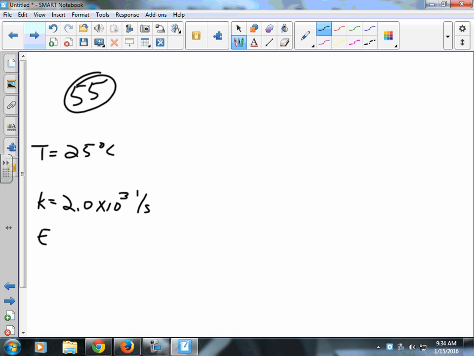What does that mean? For every mole of reactants, 15 kilojoules of energy needs to be absorbed to reach that transition state. And they want to know what the rate constant is at 75 degrees Celsius.